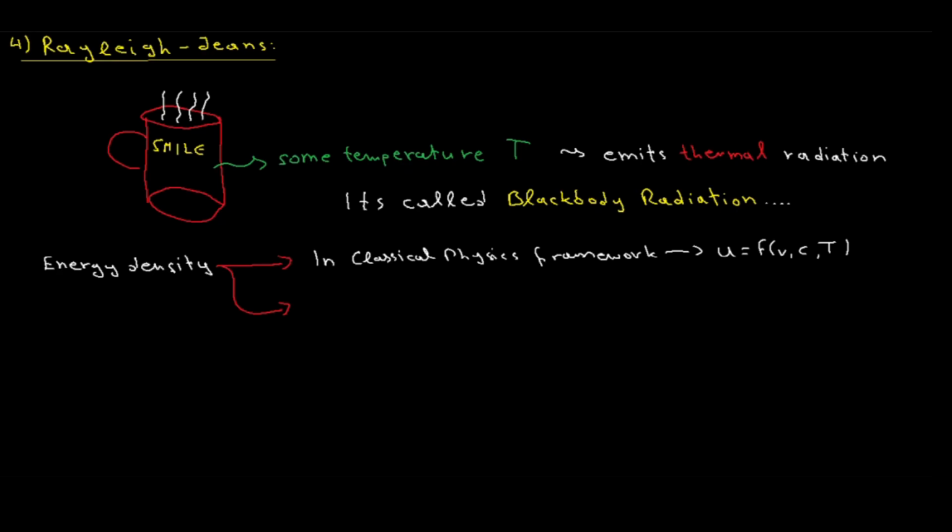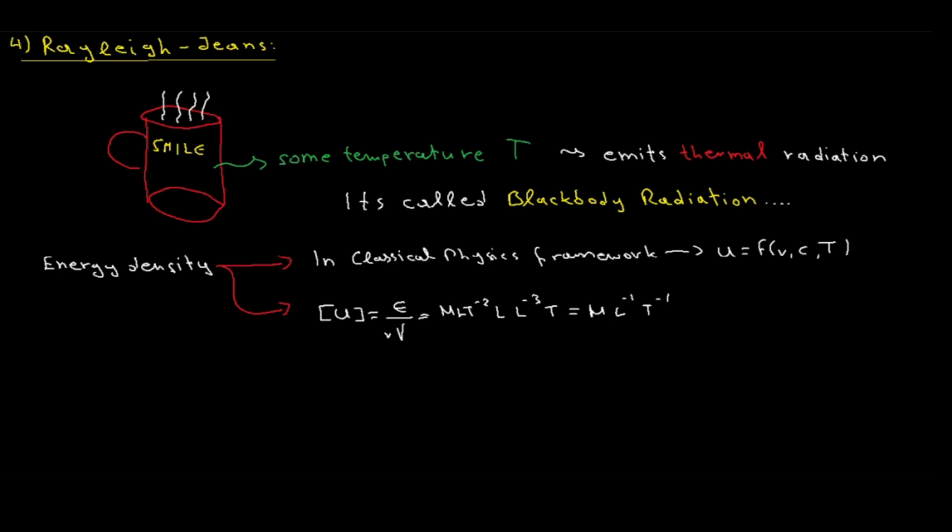Moreover, since we are dealing with spectral energy density of radiation emitted by a body of volume V, we are essentially dealing with dimensions of energy per unit frequency per unit volume. The dimensions, therefore, are mass times length to the power of minus 1 times time to the power of minus 1.